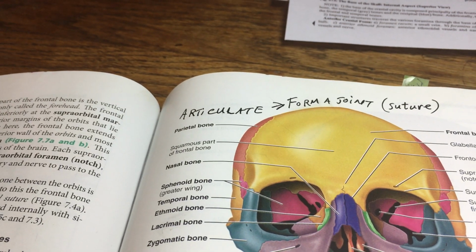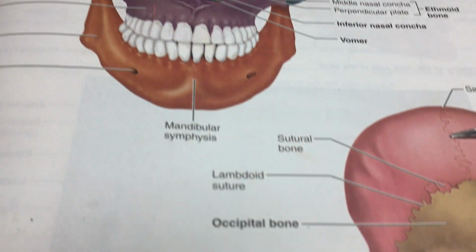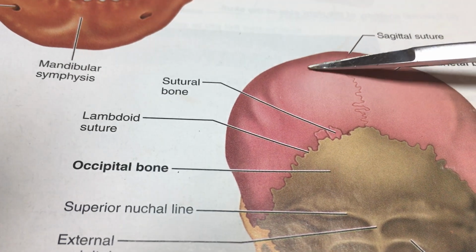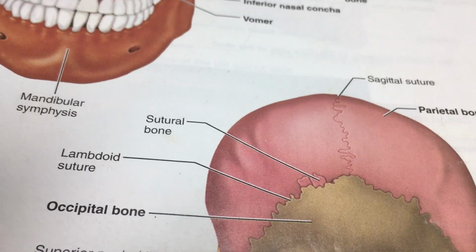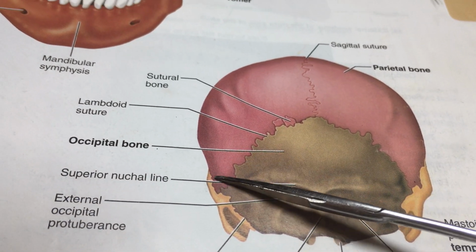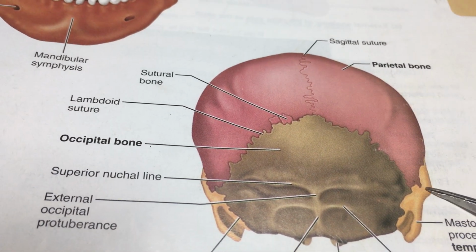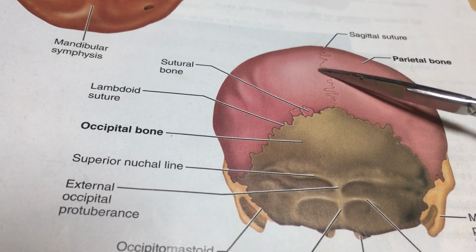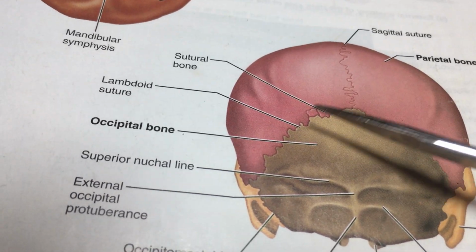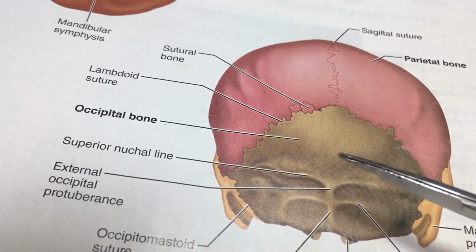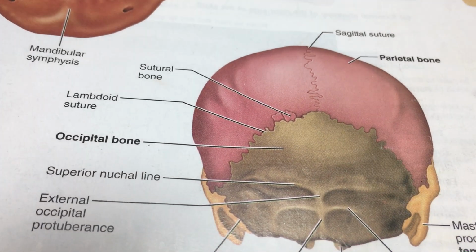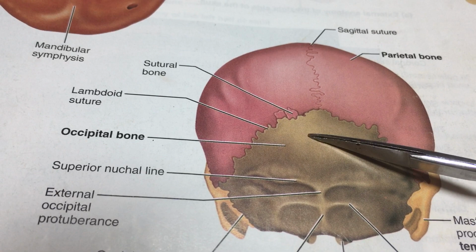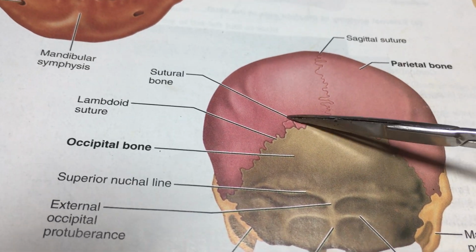Right now, though, we have a suture right here that's formed by the two parietal bones. It's called the sagittal suture. And then over here, we have a suture that comes this way, sort of forms an L, and so that's referred to as the lambdoidal suture because of the shape of the suture itself. It's between the occipital bone and the two parietal bones.